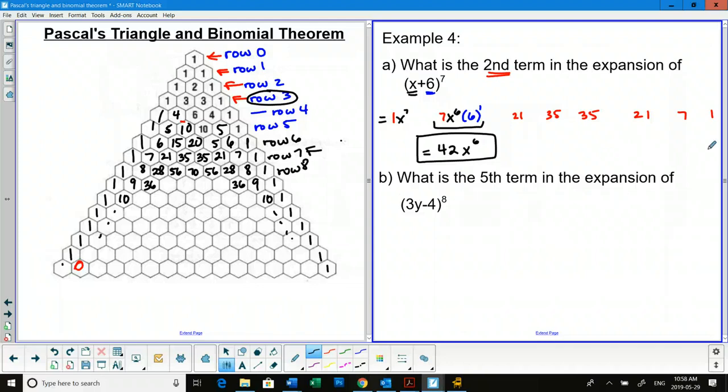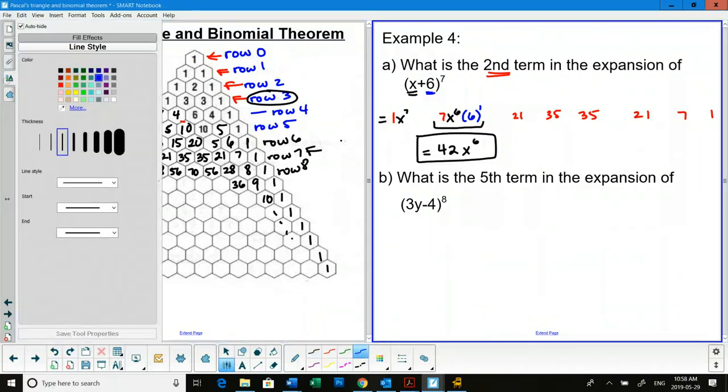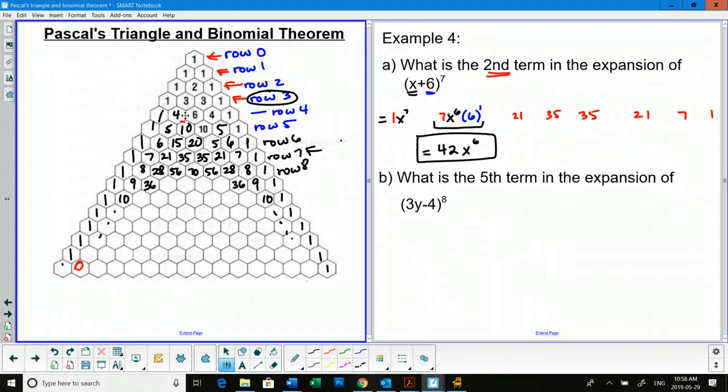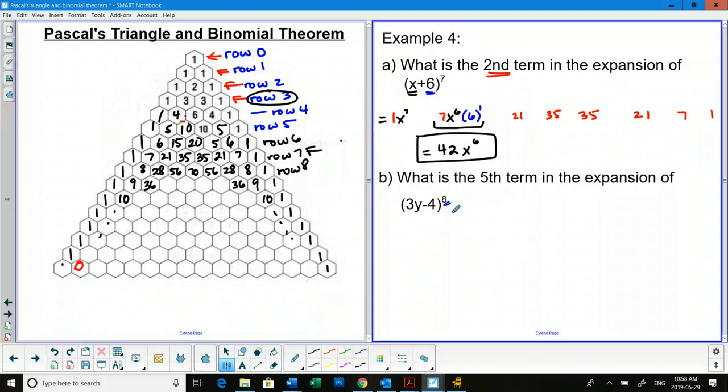Okay, fifth term of the expansion. So I'm looking at the eighth row for expansion by exponent 8. If you want, you can just write out 1, 2, 3, 4, and then 5. I'm actually just going to stop right at 5 because I don't need any more than that.